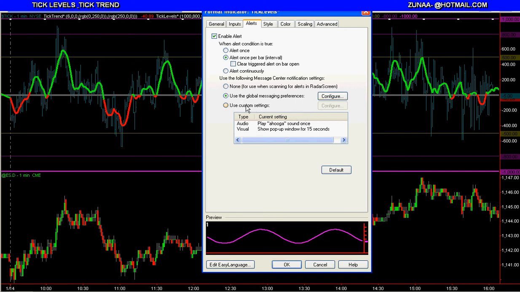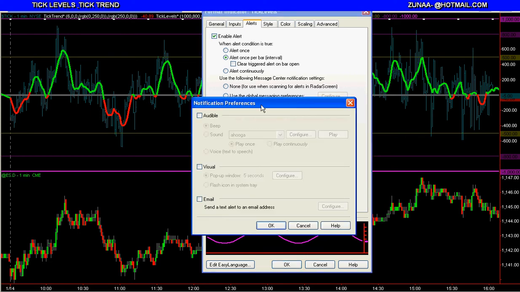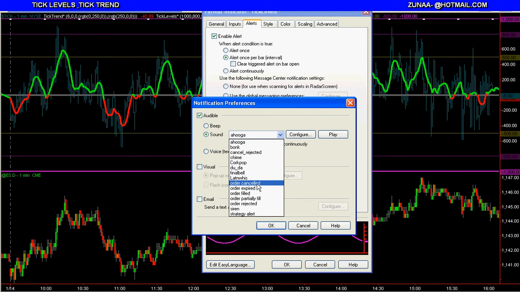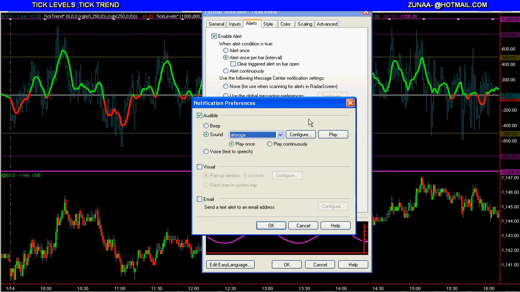Then use custom settings and go to configure. If you want an audible and a visual, okay. For audible, you have the Ahu, which will wake you up, or if you want your own custom sounds, you can do that.